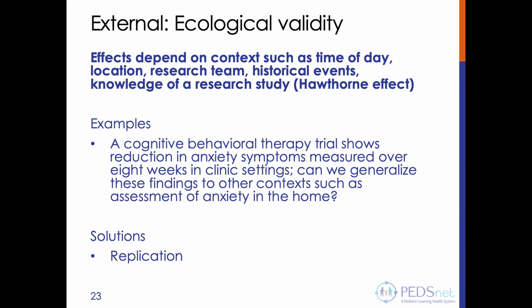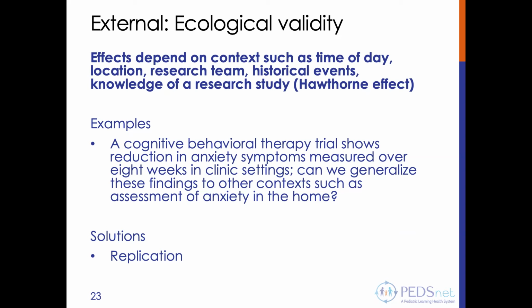An example of ecological validity might be a cognitive behavioral therapy trial that shows reduction in anxiety symptoms measured over 8 weeks, where the intervention is delivered in clinics and the anxiety is assessed in clinic settings.